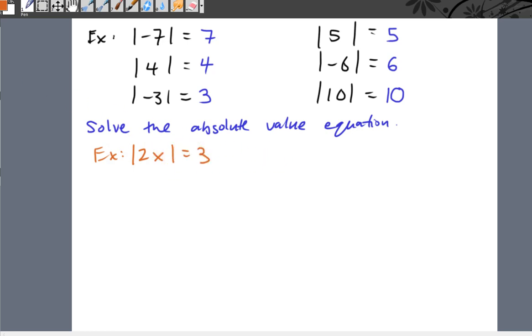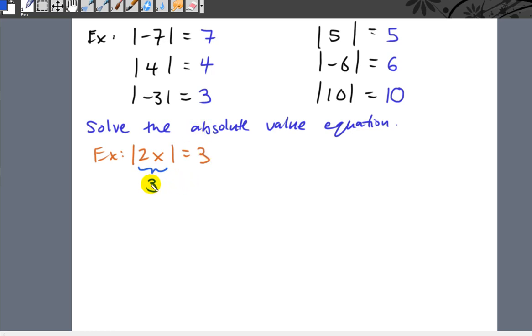Let's think about what we know about this 3. If the inside of this is -3, the absolute value of -3 is +3. Similarly, if the expression inside was 3, the absolute value of 3 is 3.